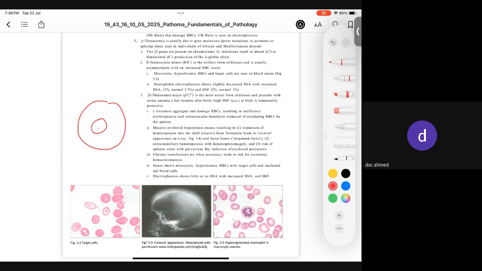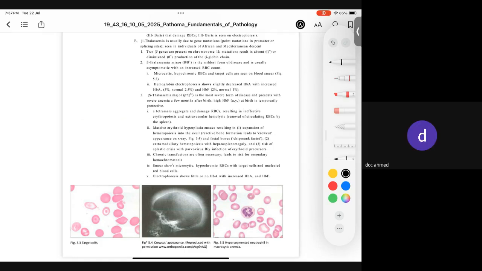If you have a paler center, it means you do not have hemoglobin there in the central portion of your red blood cell. But in a target cell, we will have hemoglobin in that central area. You can see it here. We'll discuss the entire pathophysiology of how we get that, but that's not necessary now. We should just focus on the other topic. So for example, if you have beta thalassemia, just remember target cells, because we're going to discuss this target cell again in another topic in detail.